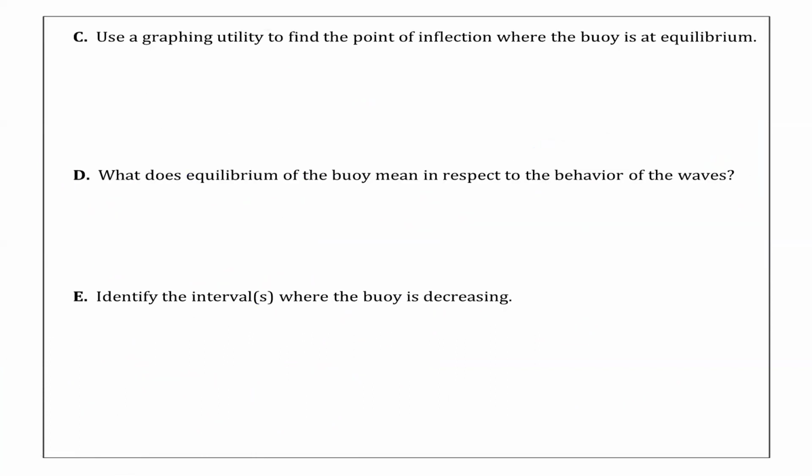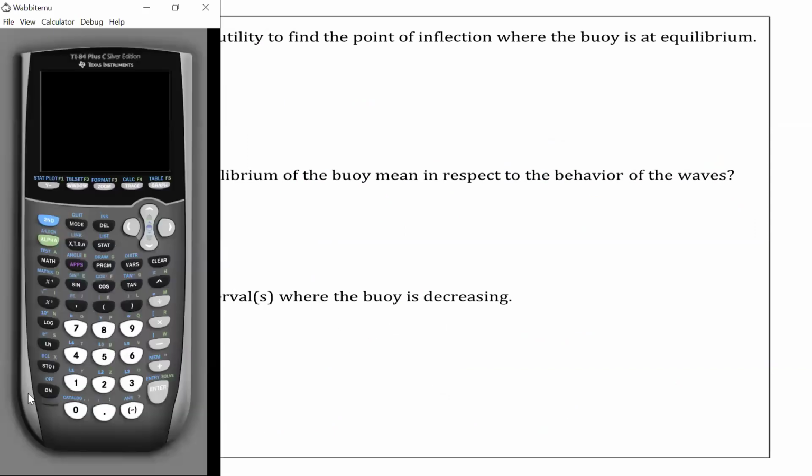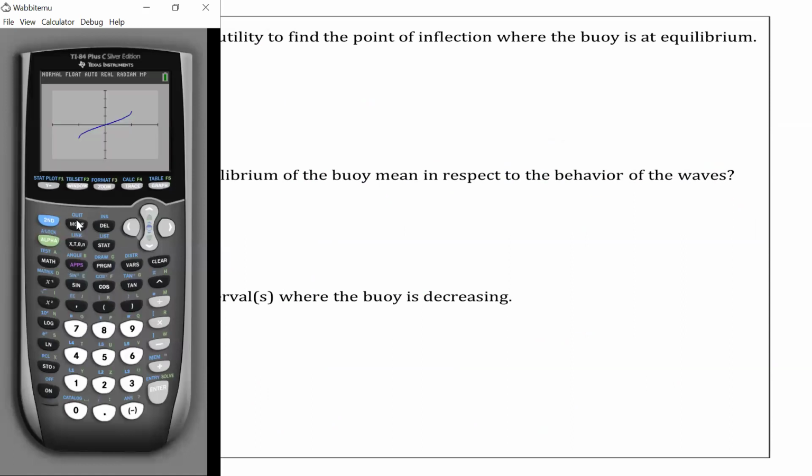Now we're going to go into C. C says using a graphing utility to find the point of intersection where the buoy is at equilibrium. So we're going to graph our equation that we got. I'm going to go to screen, show taskbar, open up Sylvie. I'm going to make sure that it's in radian mode, which it is.